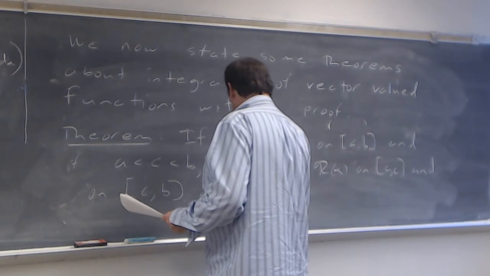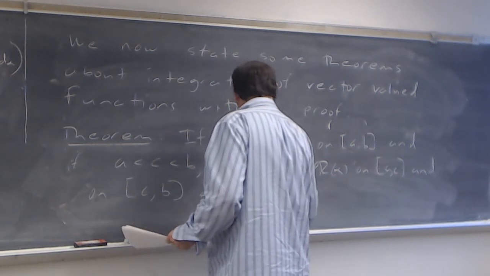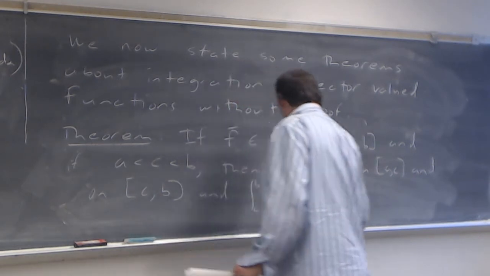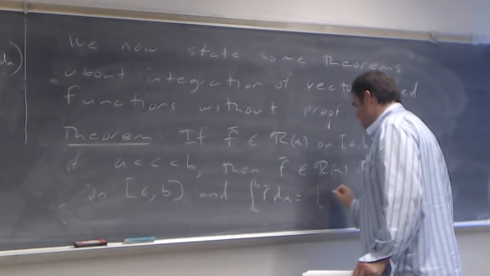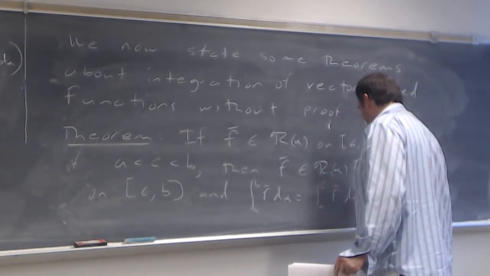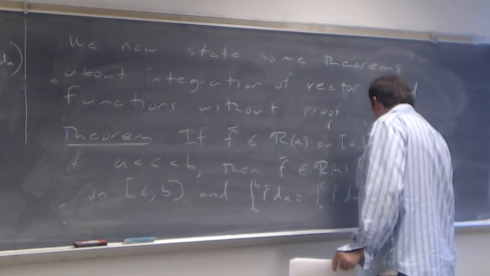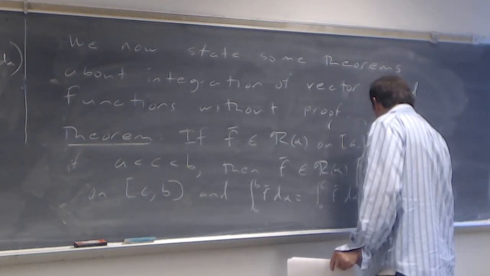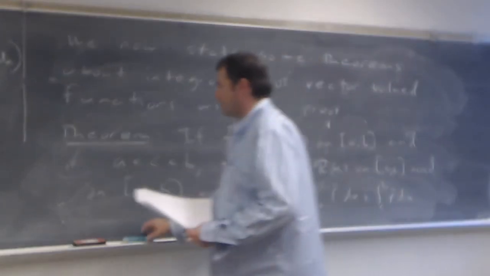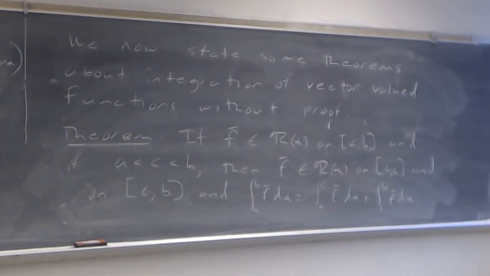And not only that, but the integral from a to b of f bar d alpha will be equal to the integral from a to c of f bar d alpha plus the integral from c to b of f bar d alpha. Again, I'm going to prove that.